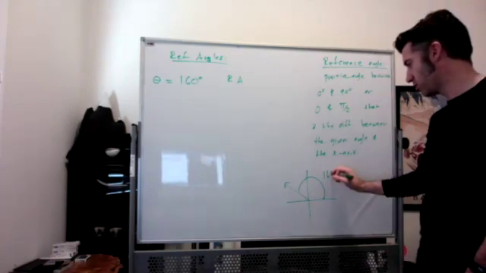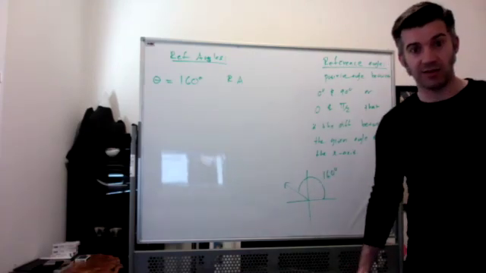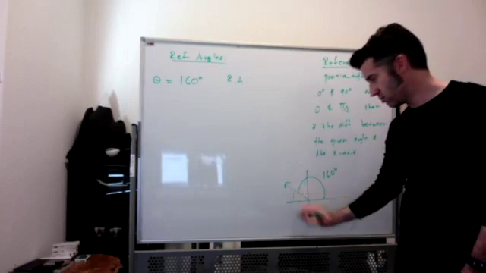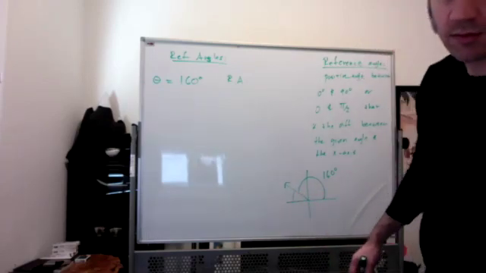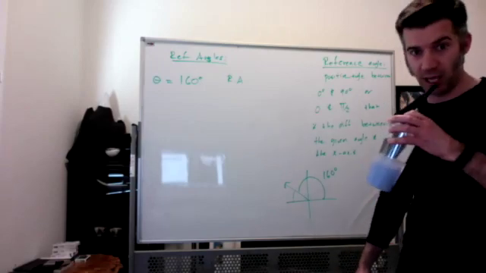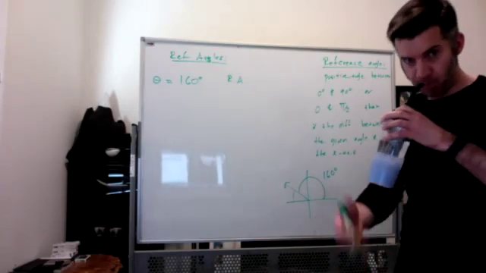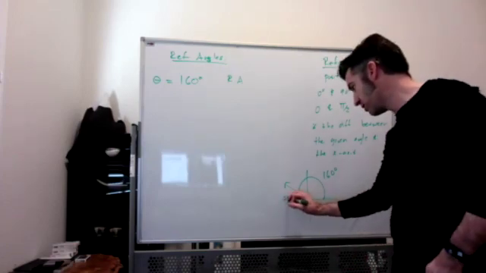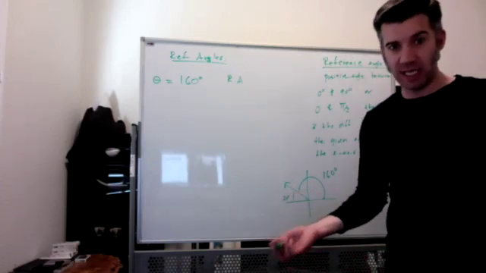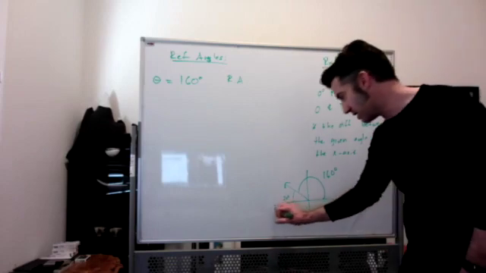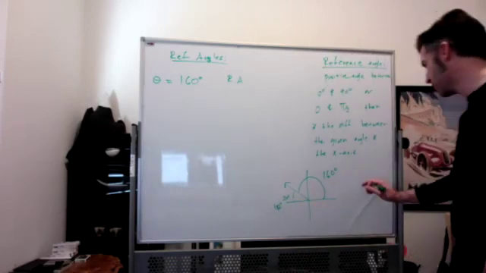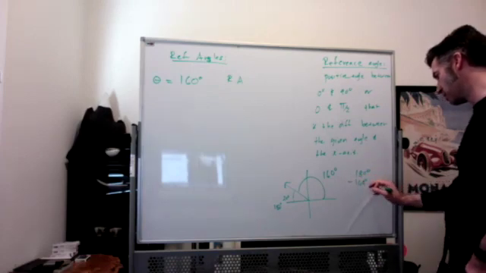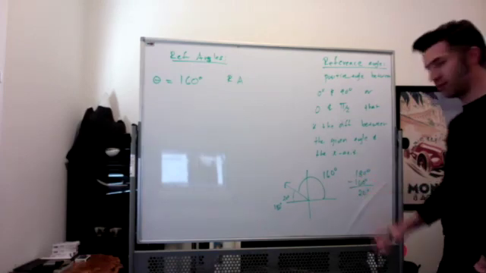How many more degrees do I need to get to the x-axis? What am I missing? Exactly. Thank you, Mason. 20 degrees. Now, the way you could have found that if you didn't just see it is say, well, I know that the x-axis is at 180 degrees. So 180 minus 160 degrees is going to give me 20 degrees.